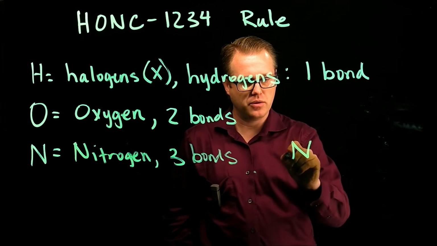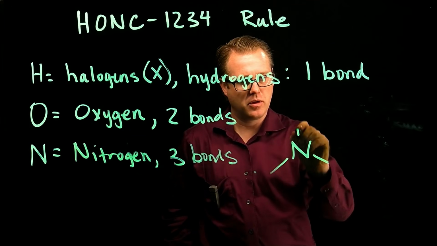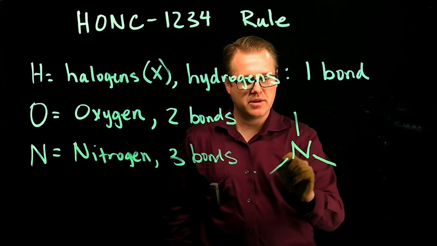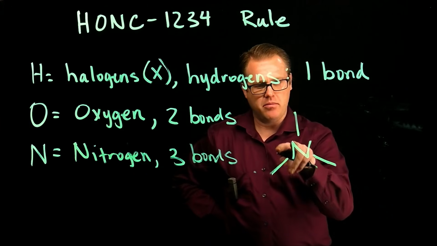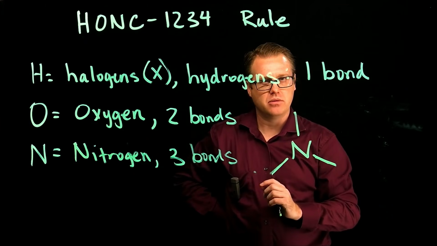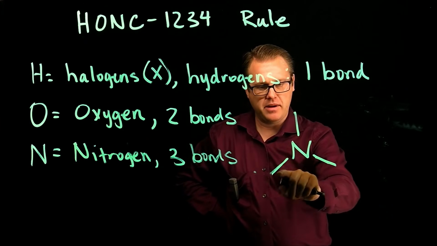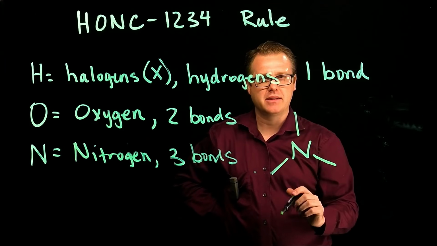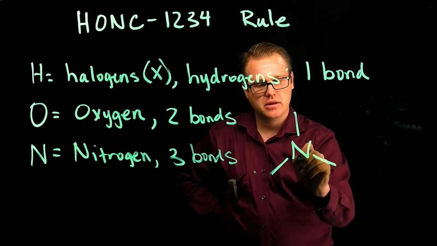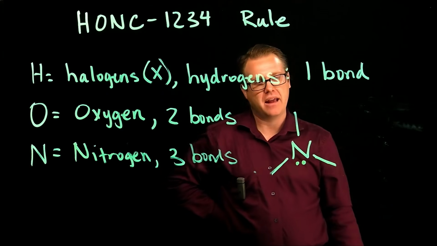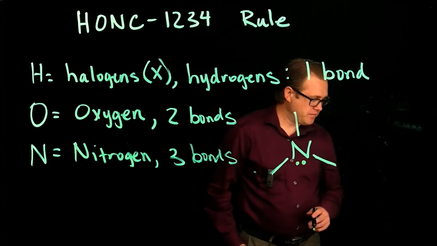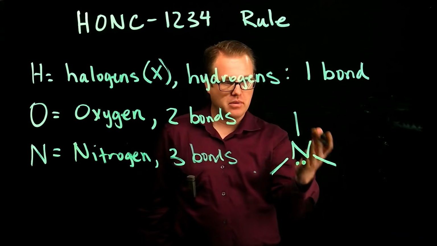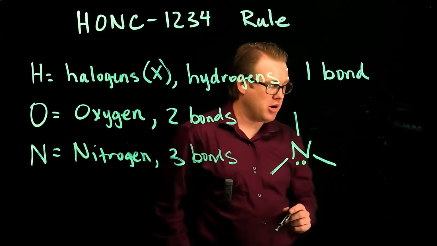We could have 3 carbons attached to it, 3 bonds. But is that molecule fulfilling the octet rule? When I count how many electrons are here, I only count 6. It has to have 8. So that means there has to be a lone pair. So that nitrogen right there fulfills octet, has 3 bonds.